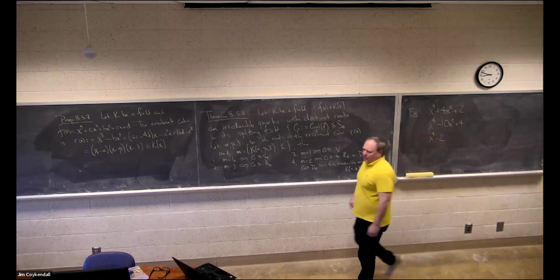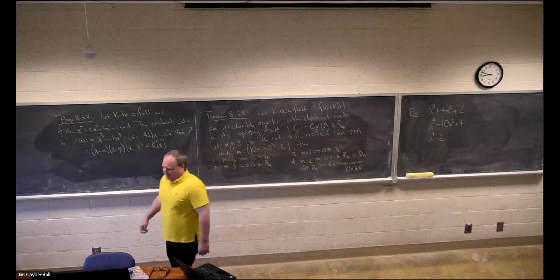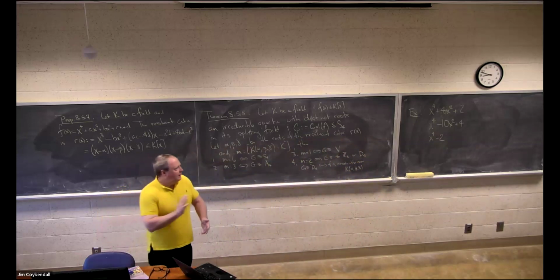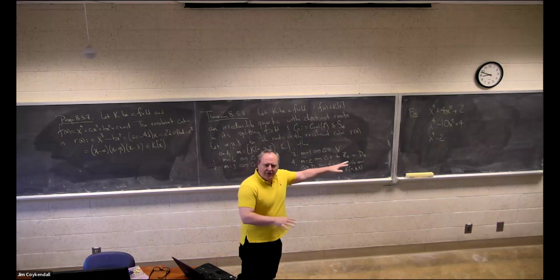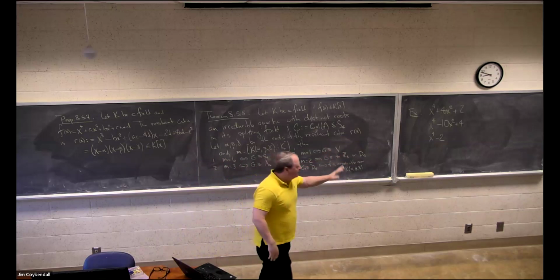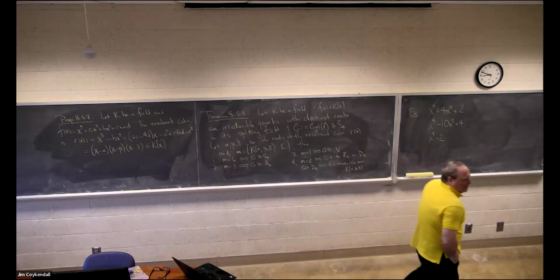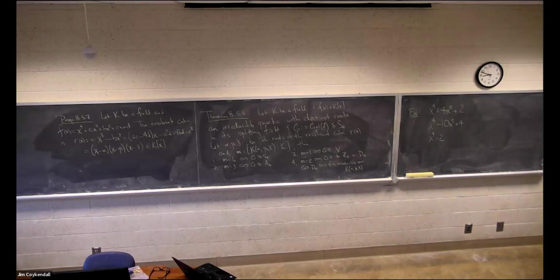By the way, before you think too much about it, let's say that these are over the rationals. Can you explain to me why these are irreducible?